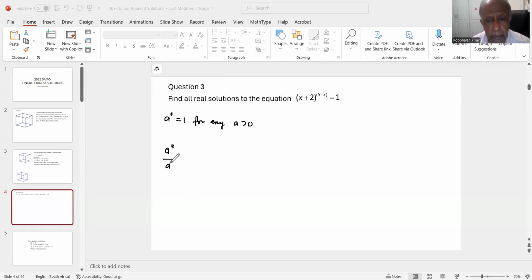over a squared, and this is a times a times a, and this is a times a, which is cancelled, and you've got a here. So it turns out that a cubed over a squared is a to the power of 3 minus 2.